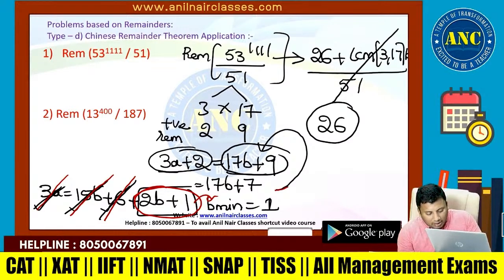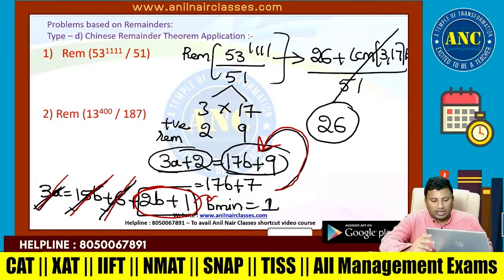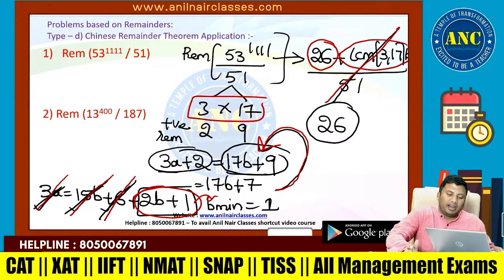If b minimum is 1, then the value will become 17 plus 9, 26. All the time it is divisible by 3 and 17, so plus LCM of 3 and 17. Both are getting divided. Therefore, the answer is 26.